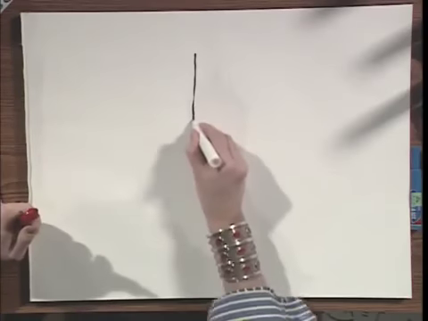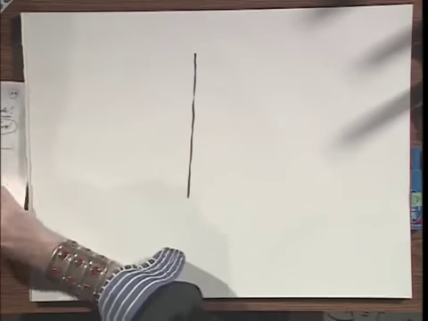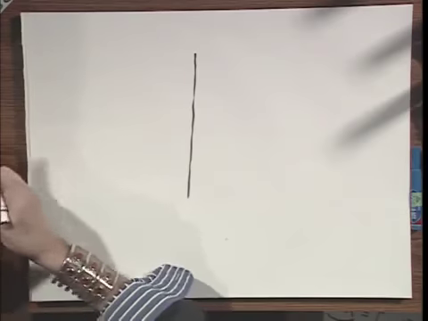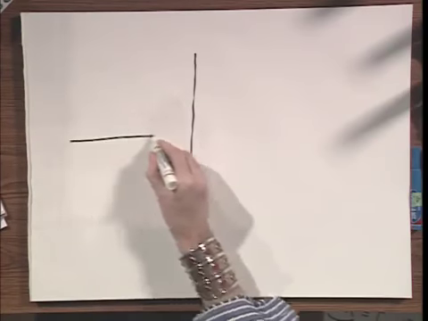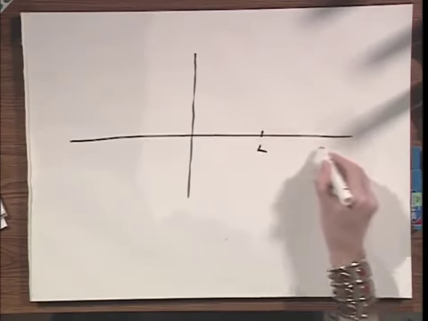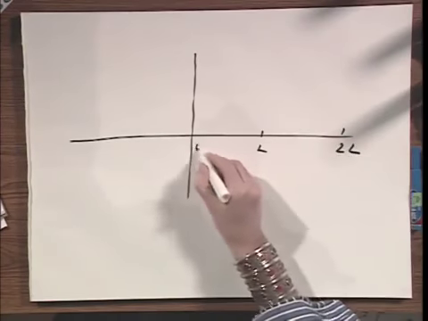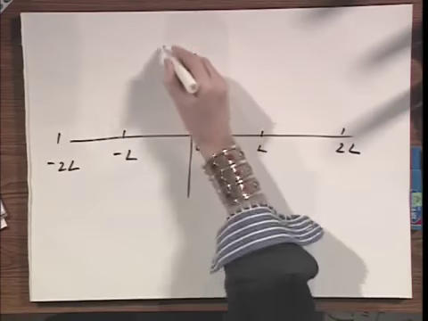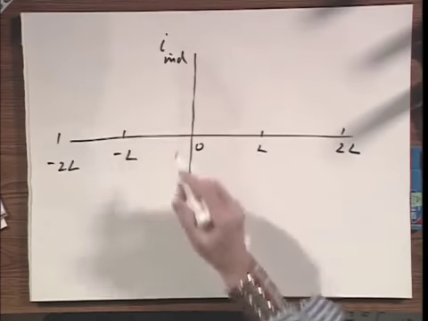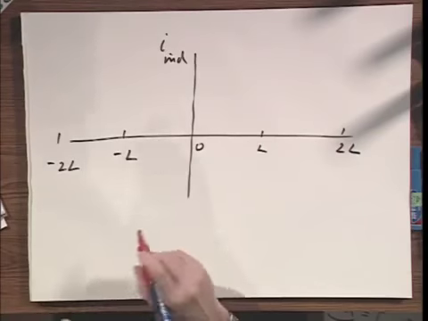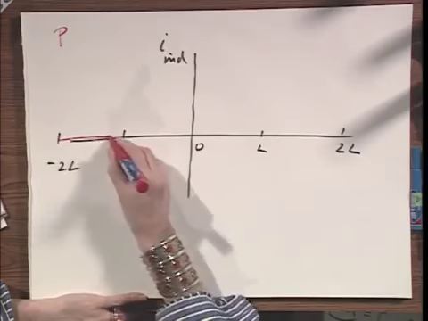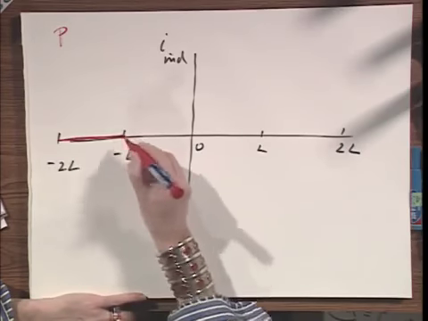If I make a sketch of the induced current as a function of this linear dimension, L, 2L, 0, minus L, minus 2L, and if I draw here I induced, then we would agree that when point P, this is all relative to point P, when P is outside capital L, there is no induced current.